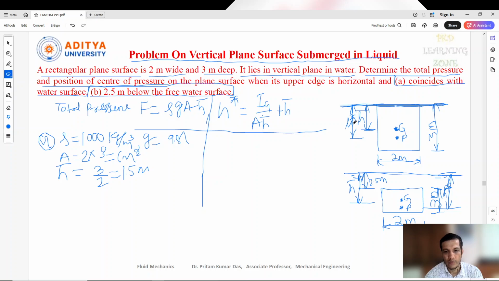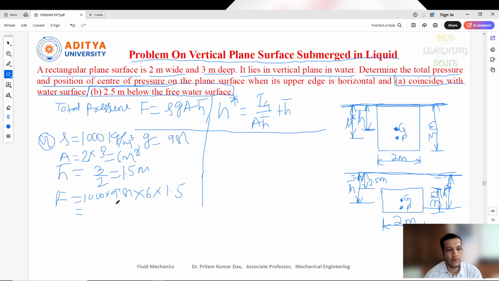So these are the values for this. Here we can calculate the value of F easily: 1000 into 9.81 and into area 6 and into H bar 1.5. Near about, if you consider 10 into 1.5, that's 15 into 6, 90, and this is 1000.